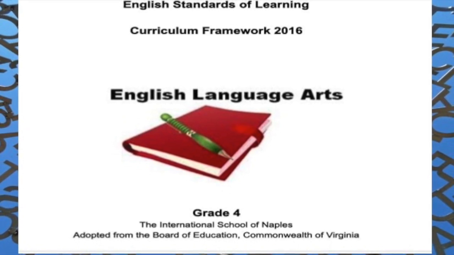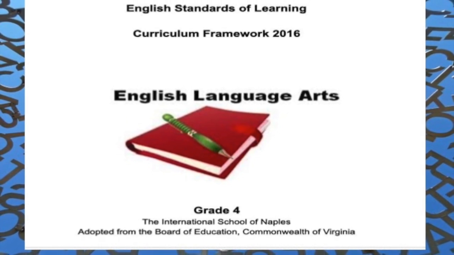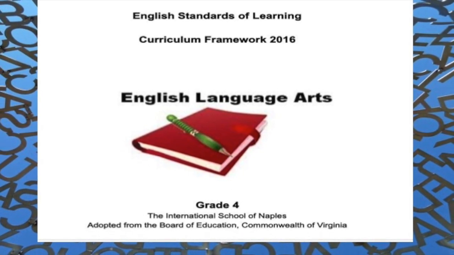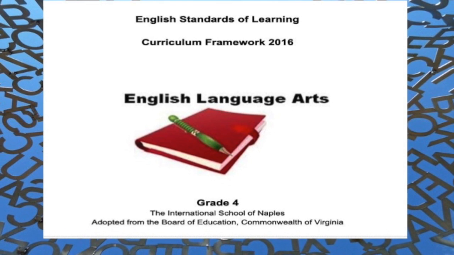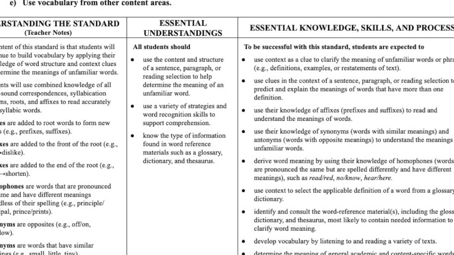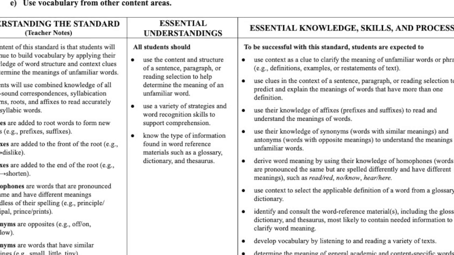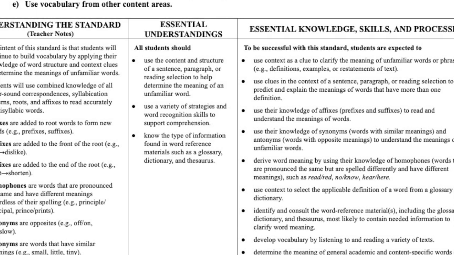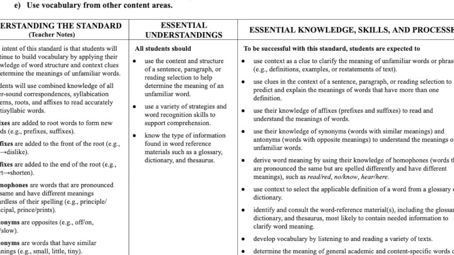Here at the International School of Naples in Italy, we follow the Curriculum Framework 2016 adopted from the Board of Education, Commonwealth of Virginia. As the SOL 4.4 explains, the students will expand vocabulary when reading.